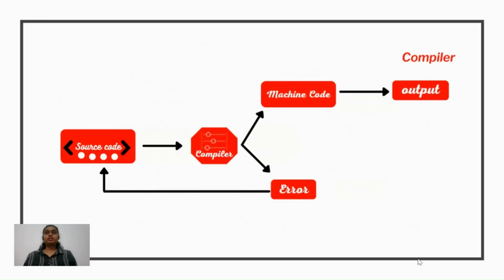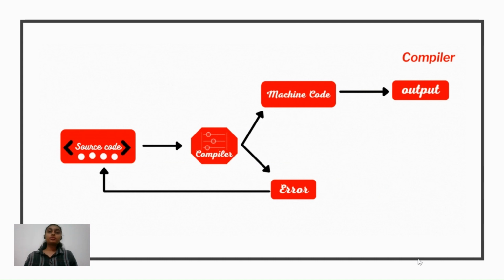Whereas compiler, the compiler also does the same kind of work, similar to the interpreter, but there is a slight difference. Let us figure it out. Here, the code which we are writing is taken to the compiler, but instead of converting a single line of code, it converts the entire program.